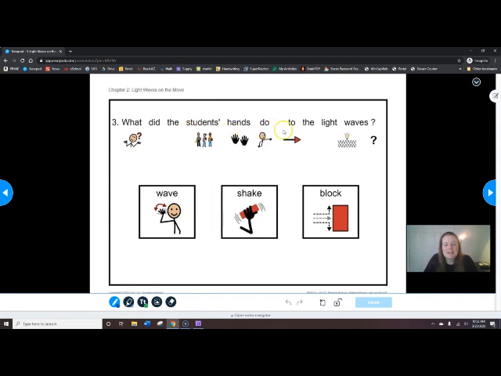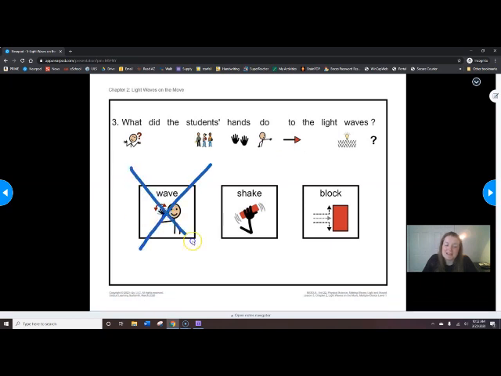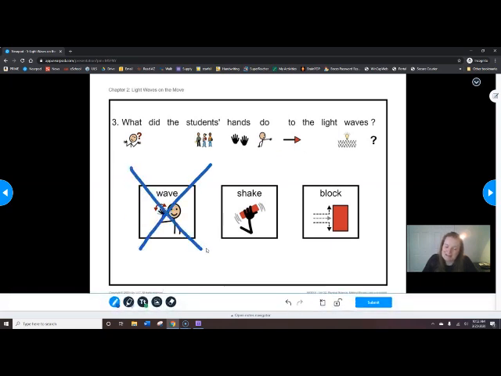What did the students' hands do to the light waves? Okay, so the boy in the picture went like this. Did he wave at the light? Did he shake the light? Or did he block the light because it was so bright? He wasn't waving in the picture, but light does travel in waves, so that's a little confusing.